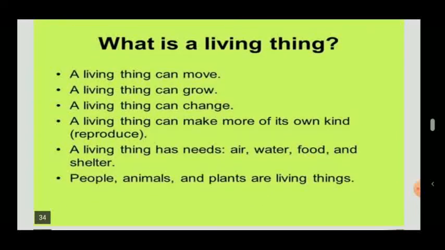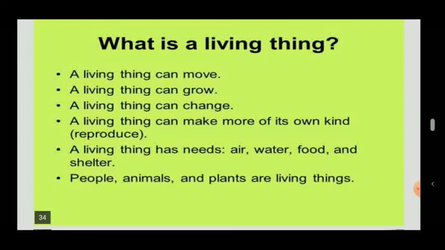Now we revise the chapter. What is a living thing? Today we learned that a living thing can move, like birds, animals, humans. A living thing can grow, like plants.